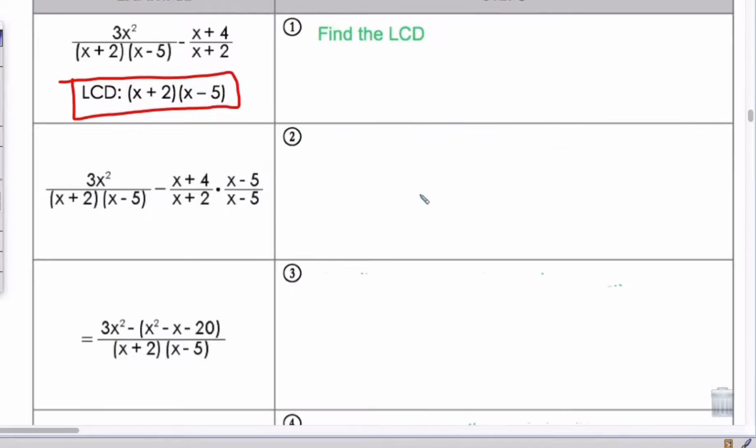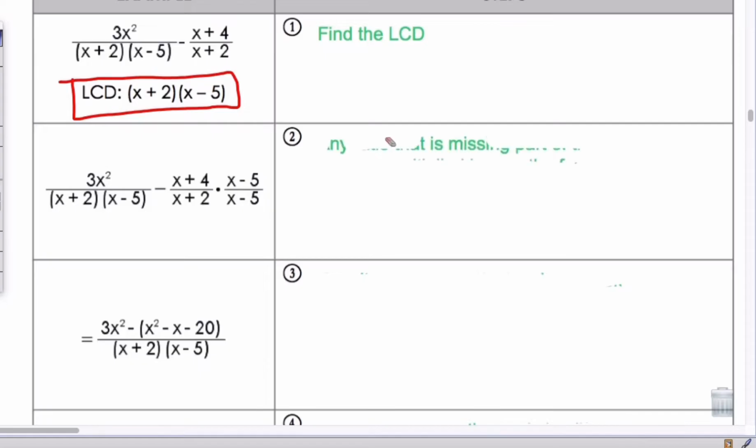Okay. Looking at step 2, the next thing I notice is they multiply the second expression by x minus 5 over x minus 5 because that's what's missing, right? Here I have the LCD, in this one something's missing, and whatever's missing I must multiply it by.